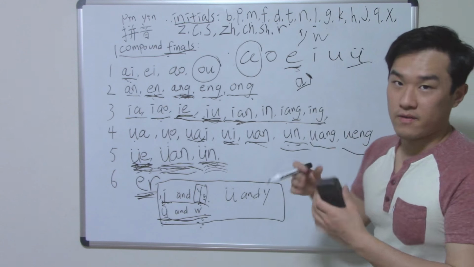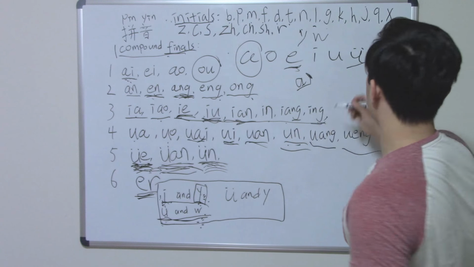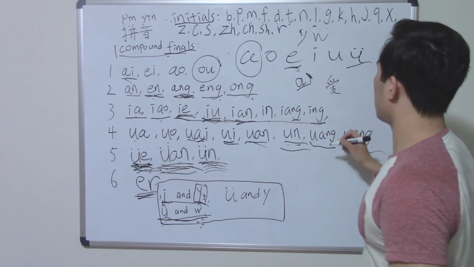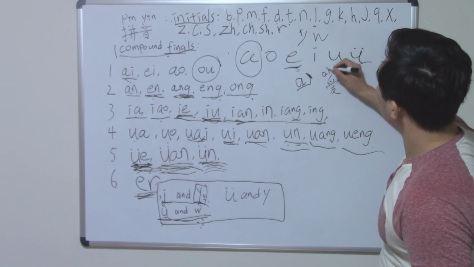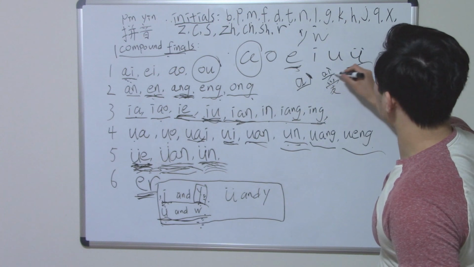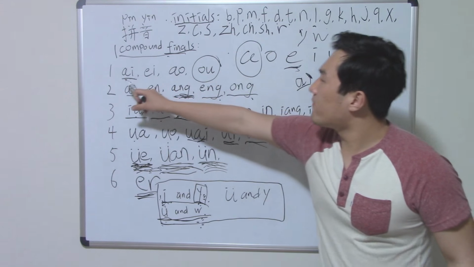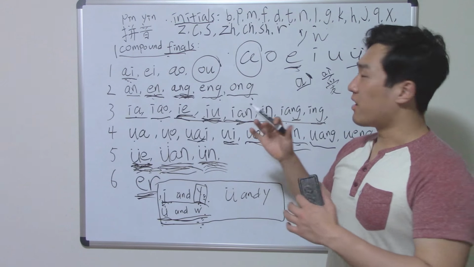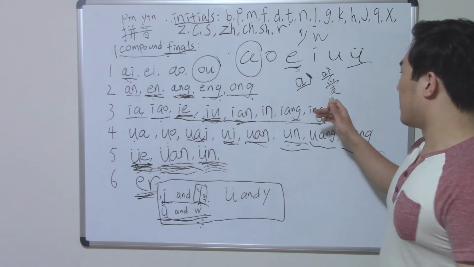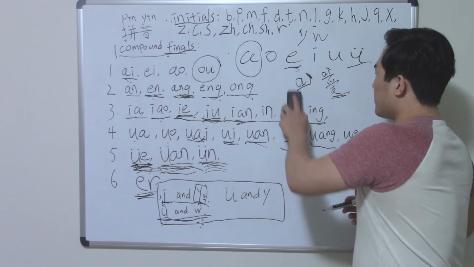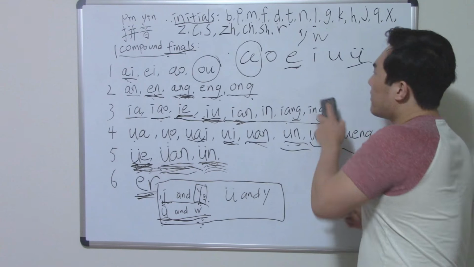It can be a pinyin of a character, like the word love in Chinese. Okay, ai is literally that, and that's a pinyin for love. Okay, so that works, right? So that means this one compound final can, by itself, become a pinyin for a character.